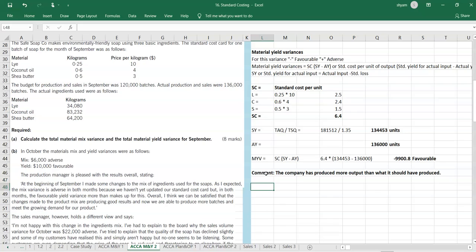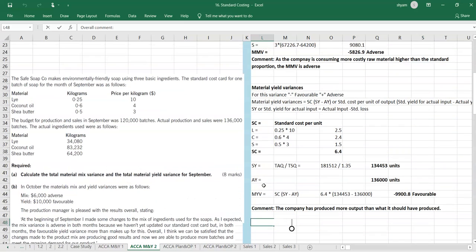Okay, so we'll also give the overall comment. The overall comment works like this: you have to compare both the material yield variance and material mix variance.